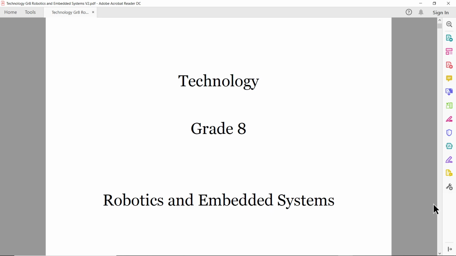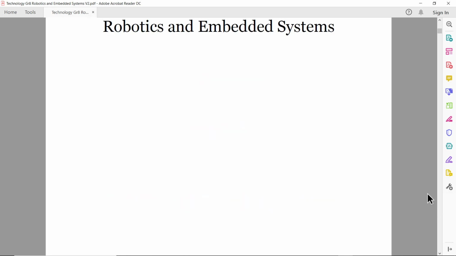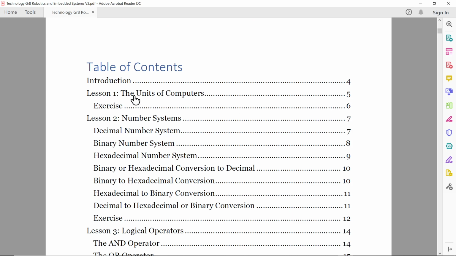Let's break down what we are going to do. The first lesson, which we'll do now, is lesson 1 on the units of computers. You've probably seen this before, but we'll do it in a more formal lesson. Then we're going to move on to number systems, and I'm going to teach you about decimal numbers.